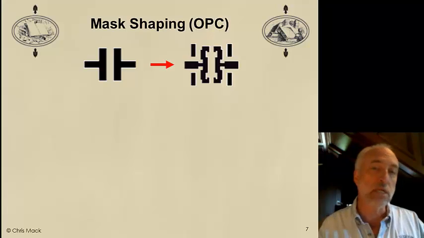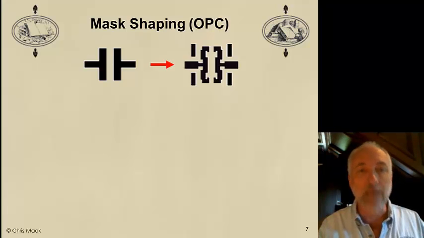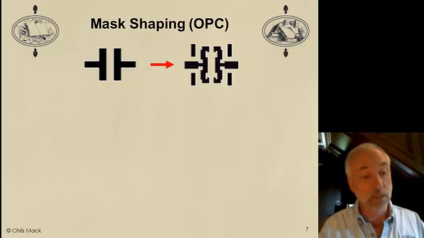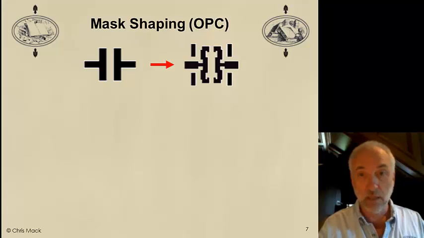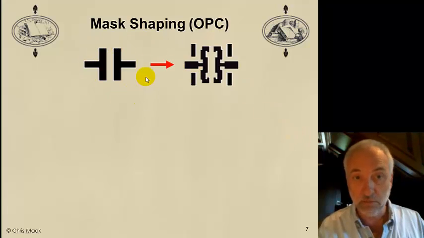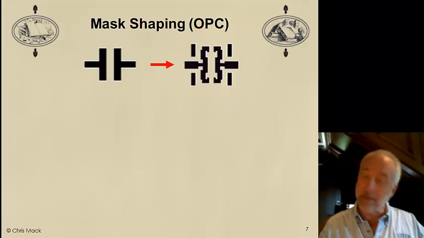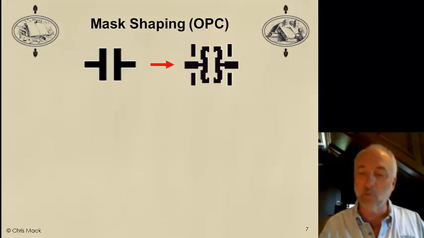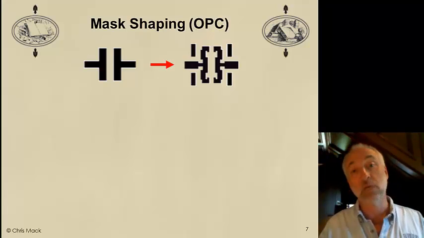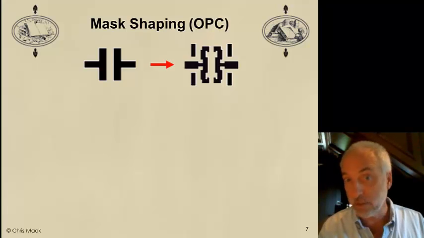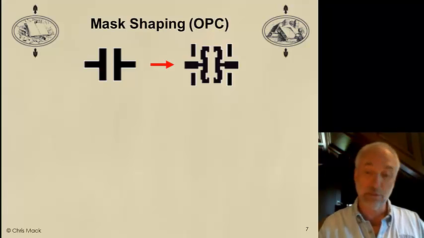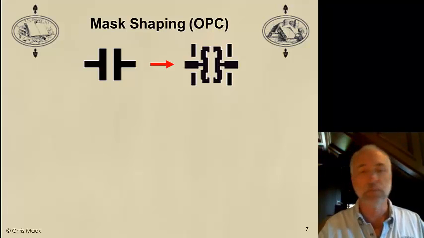So we need to modify the mask so that the printed result looks more like the design pattern. And going through an OPC process, we might get a mask pattern that looks like this. We go, wow, that doesn't hardly look anything like the original. And that's happening more and more. The final mask shapes that we use to print features can look a lot different than the shapes that we actually want in the end result.